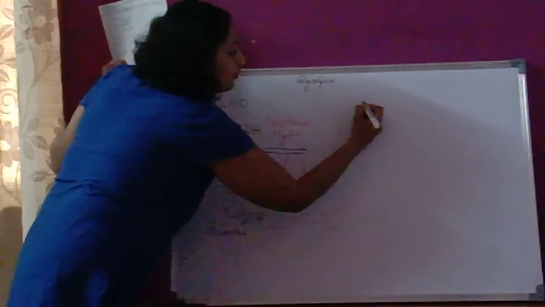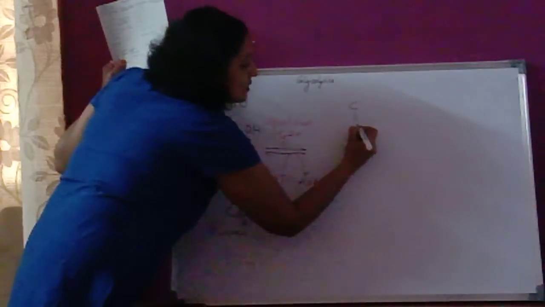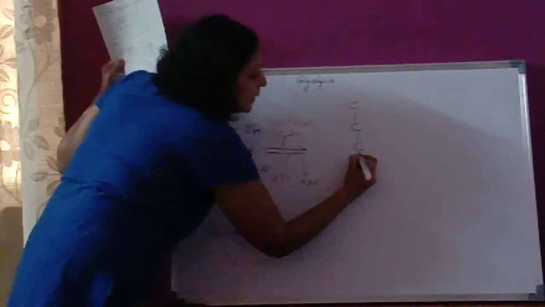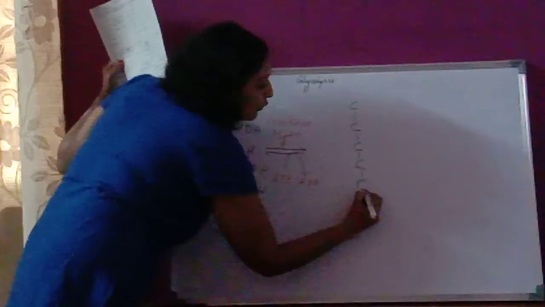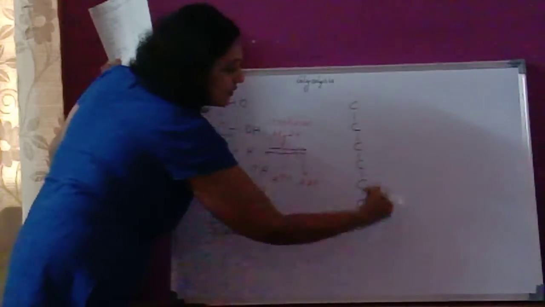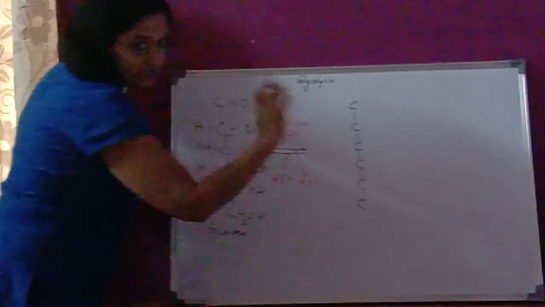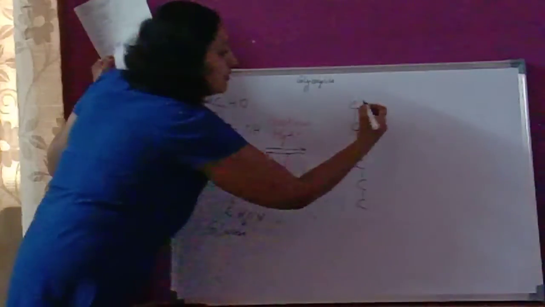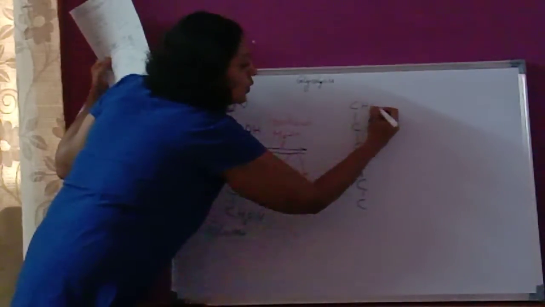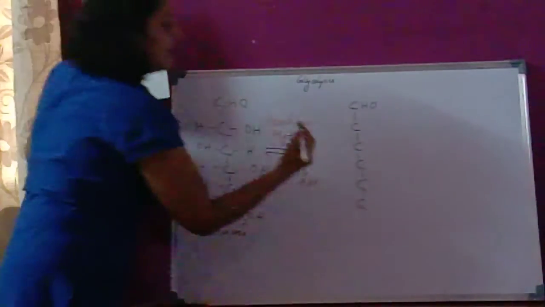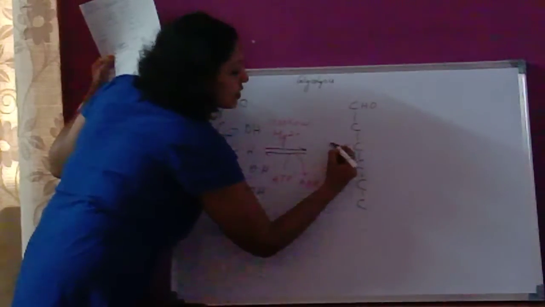Here also you have to write 1, 2, 3, 4, 5, 6. So 6 carbon atoms I have written. The first one is CHO. The third carbon atom is OH.